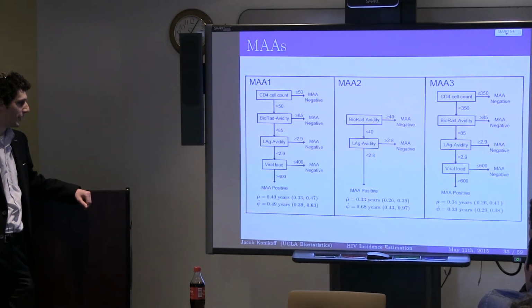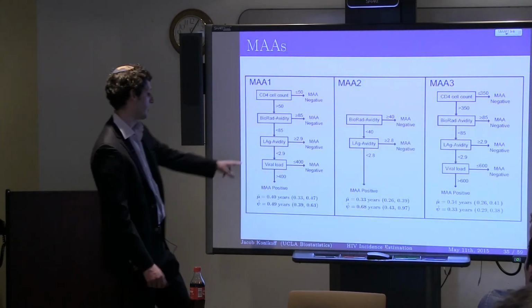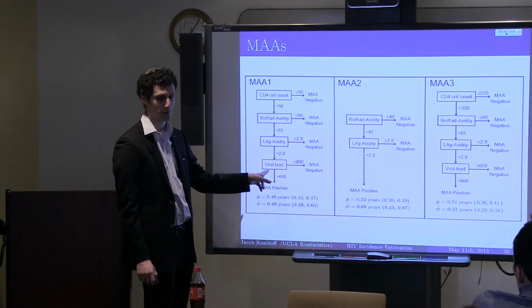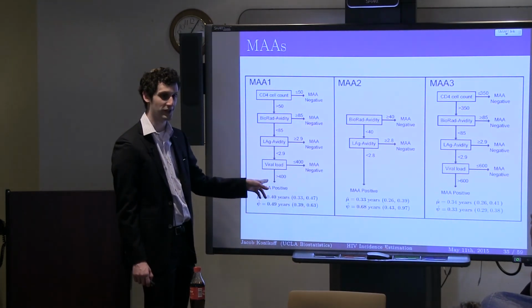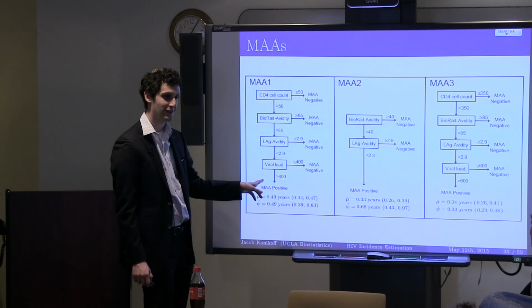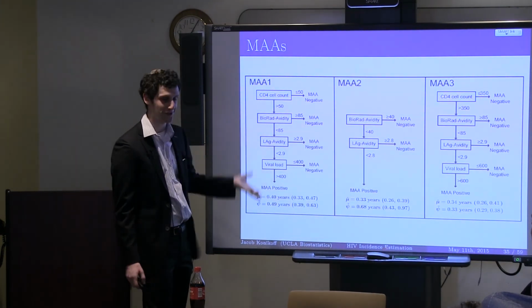So in the US, where more and more people are being treated, those curves are going to change. If you imagine that everyone were excluded immediately from the early disease stage because everyone was virally suppressed, then no one would be in this early disease stage.